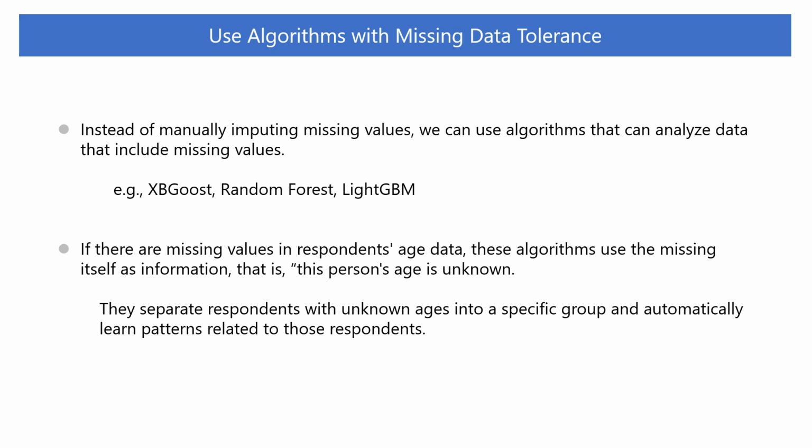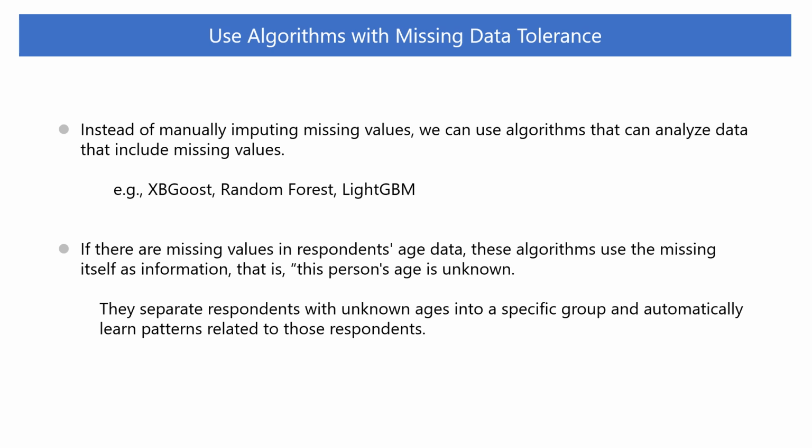Instead of manually imputing missing values, we can use algorithms that can analyze data that include missing values. Algorithms like XGBoost, Random Forest, and LightGBM can analyze data and develop prediction models even if the data includes missing values, without imputing or deleting them. If there are missing values in respondents' age data, these algorithms use the missing itself as information.